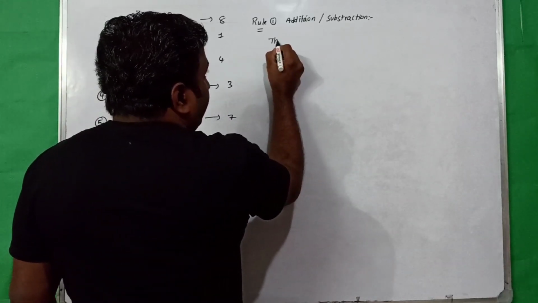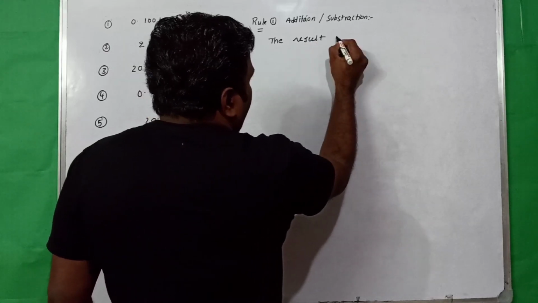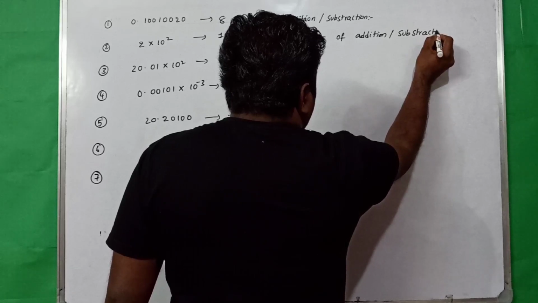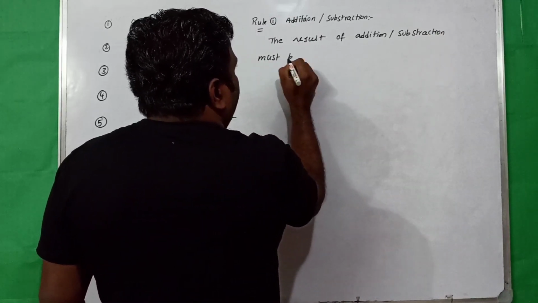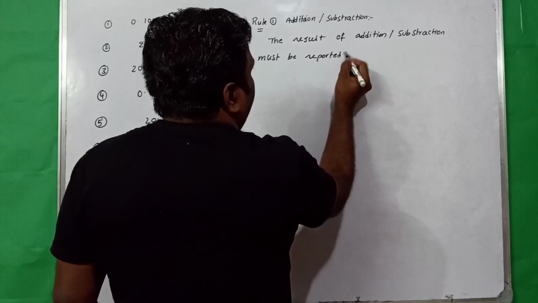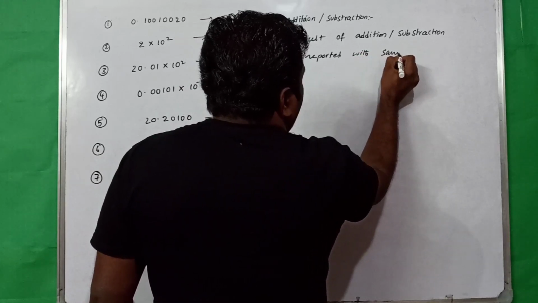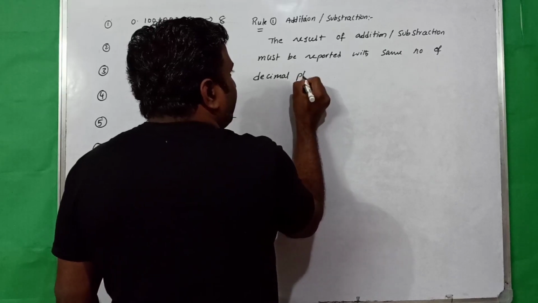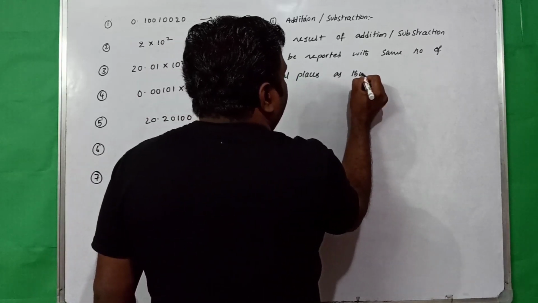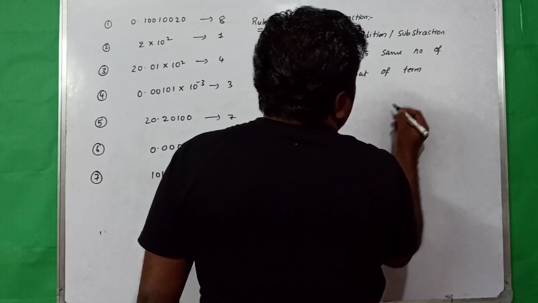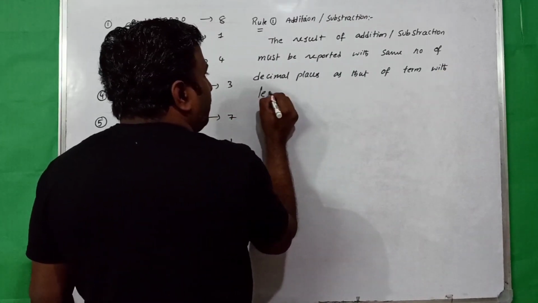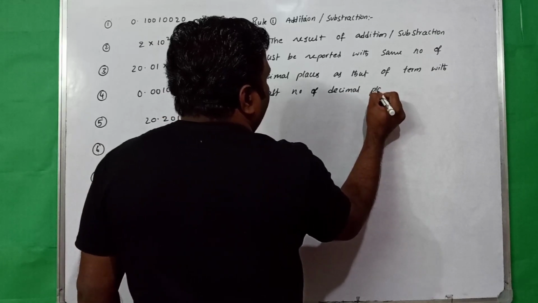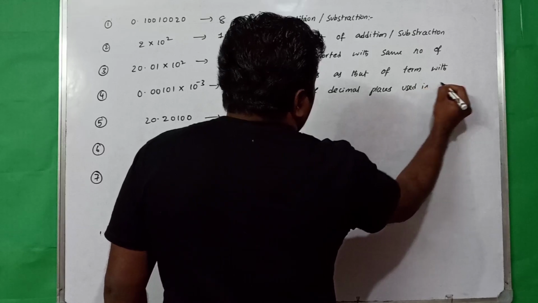I repeat, the result of addition or subtraction must be reported with the same number of decimal places as that of the term with the least number of decimal places used in the calculation.